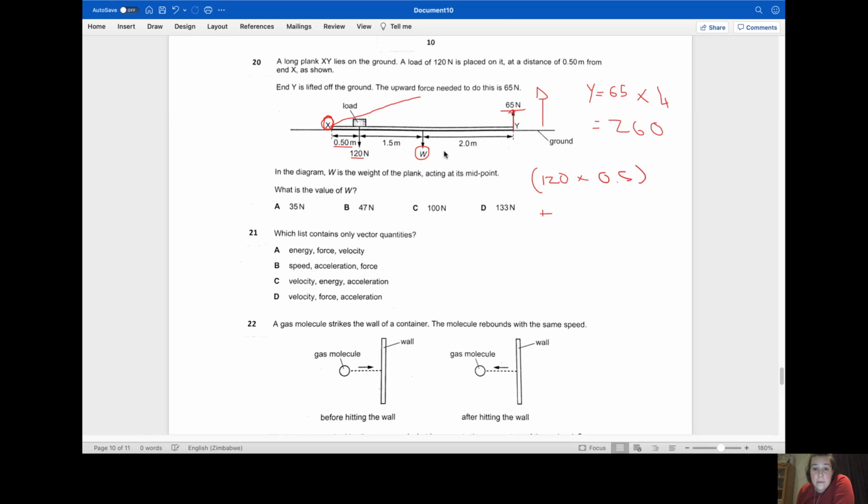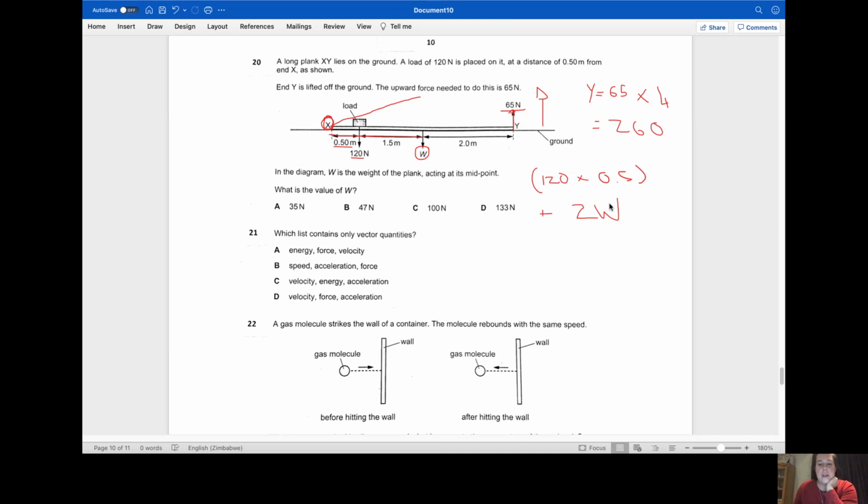We also have W. We don't know what W is, but we know the distance of W from X, 0.5 plus 1.5, which is 2. What you have to remember here is that it's the distance from the pivot, not the distances that they've actually given you there. So those distances are mean, they're tricking you. It's the distance from the pivot, and the pivot is X because that's what's staying on the ground.